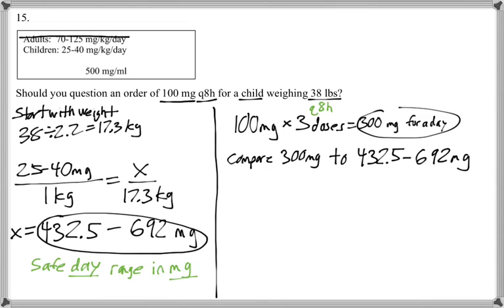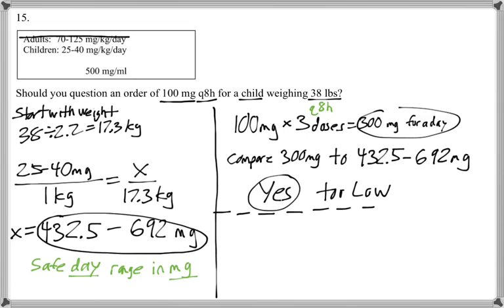And we can see that it's too low. It's below the range. So the answer, would we question it, would be yes, because it's too low. So we found the day range and we had a dose order and we converted the dose order into a day order to compare with the day range.